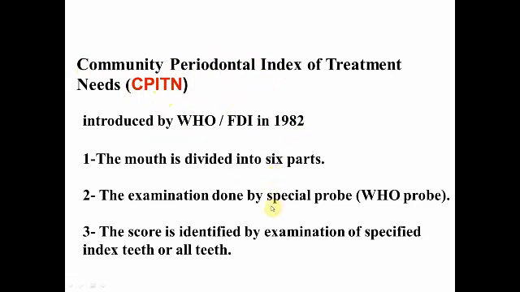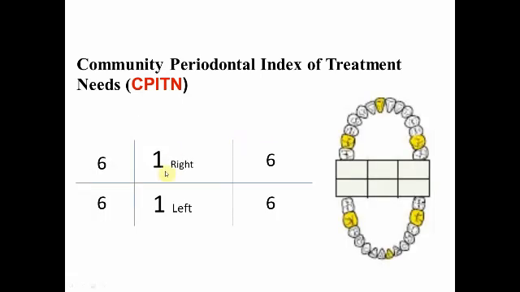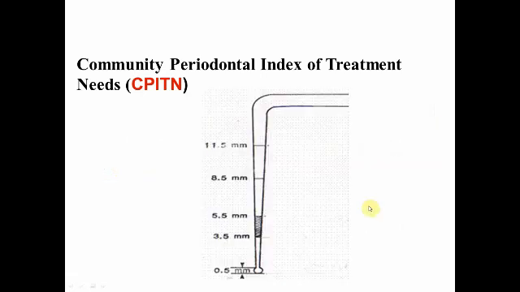We examine using a special probe, the WHO probe. The score is identified by examining one specified index tooth. These are the teeth, 6, 1, 6 for the upper and lower jaw.